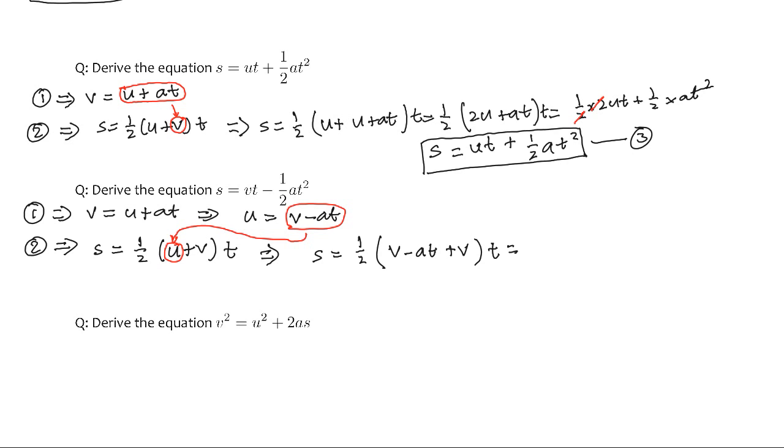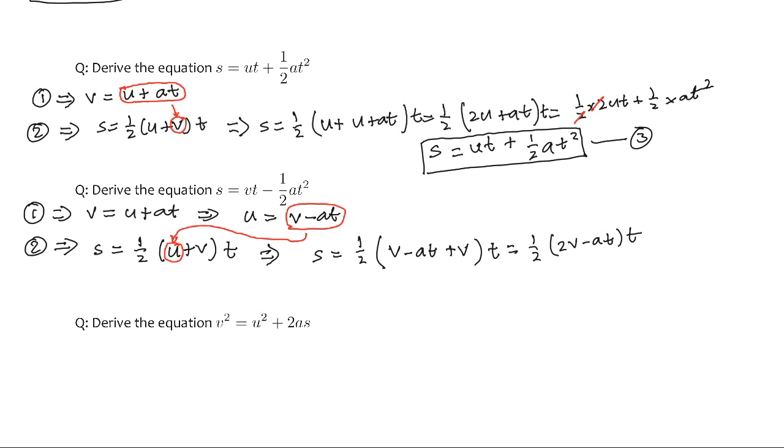I get half (2v minus at), and I still have the t outside. So what happens now is, I get half times 2v minus half times, no, still wrong. For some reason I just keep forgetting that t exists here. So maybe I'll use the next line for this. I'm probably running out of space here.